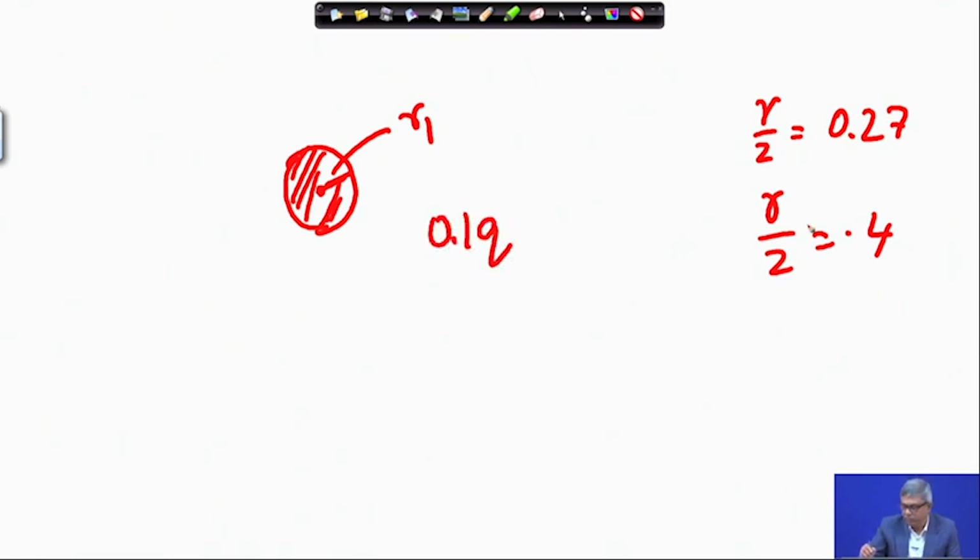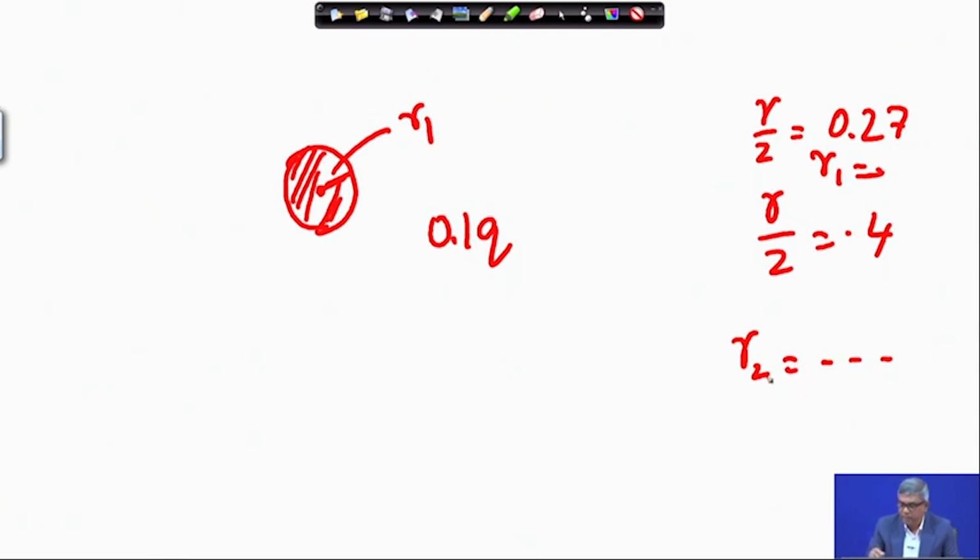Similarly, now if I do r by z equal to 0.4, with z the same, that is actually for 20%. So, that will give you r2 equal to some other value.